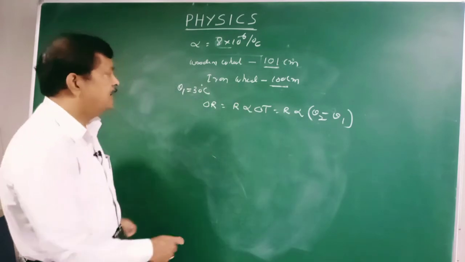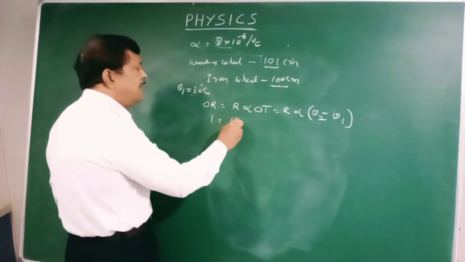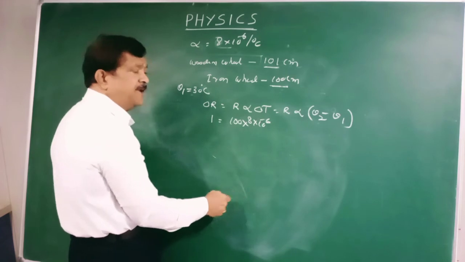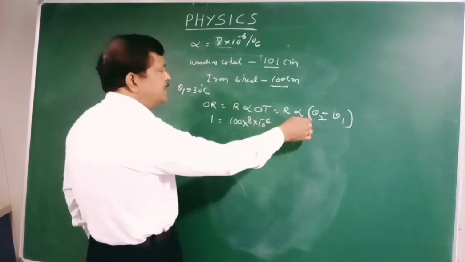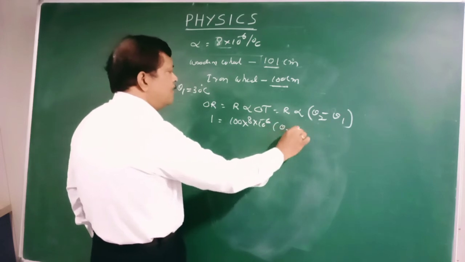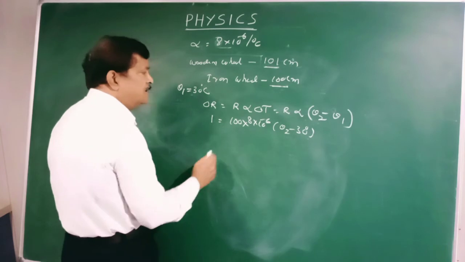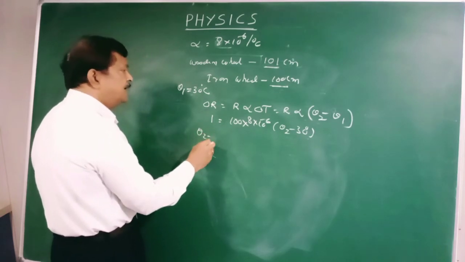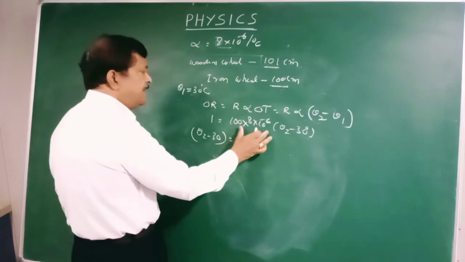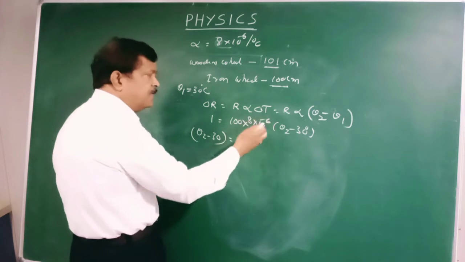Let us go ahead. So delta R we know is 1 centimeter and the radius is 100 centimeter. Alpha is 8 into 10 power minus 6 per degree centigrade. Final temperature theta 2 minus the initial temperature 30, we know this value theta 1. So theta 2 minus 30, the change in temperature, is given by taking to this side: 100 into 10 power minus 6 gives 10 power minus 4.